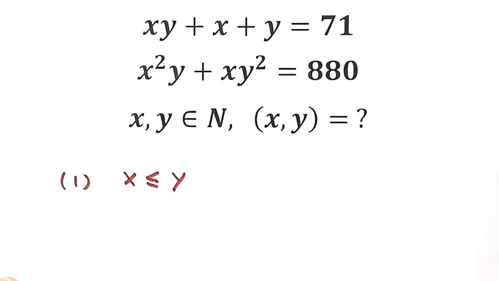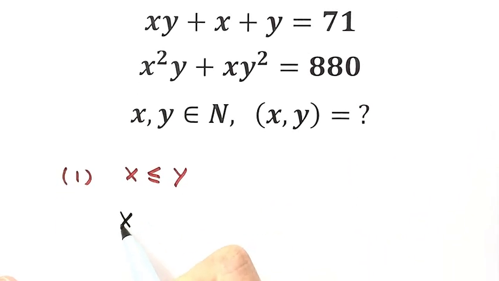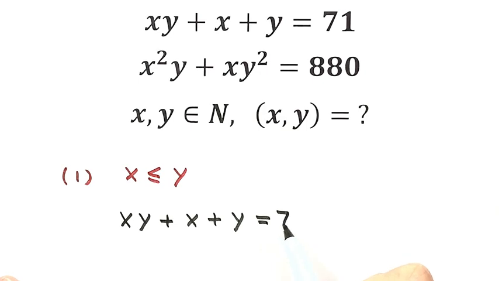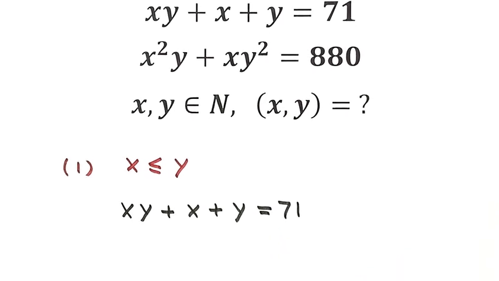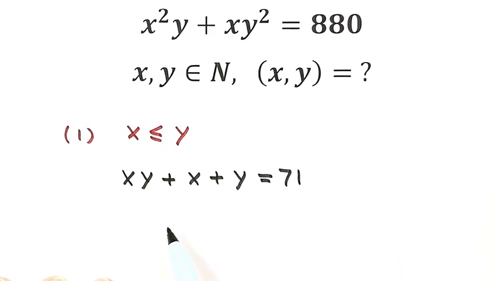First equation, xy + x + y = 71. Then we want to put the left-hand side as a product. So this is the first factor, then this is the second factor. Because we have xy, we put the x here, then the y here.